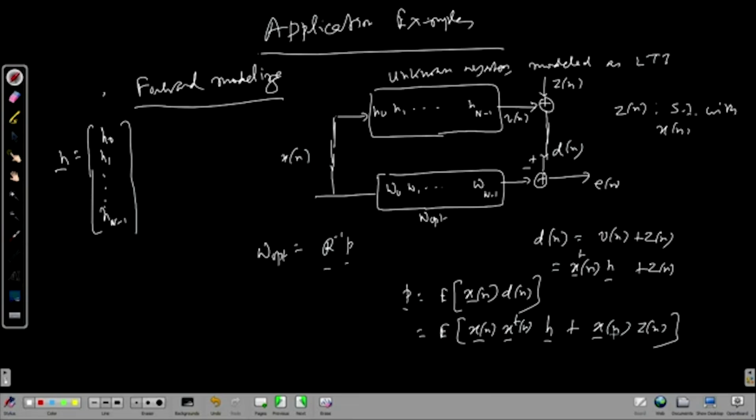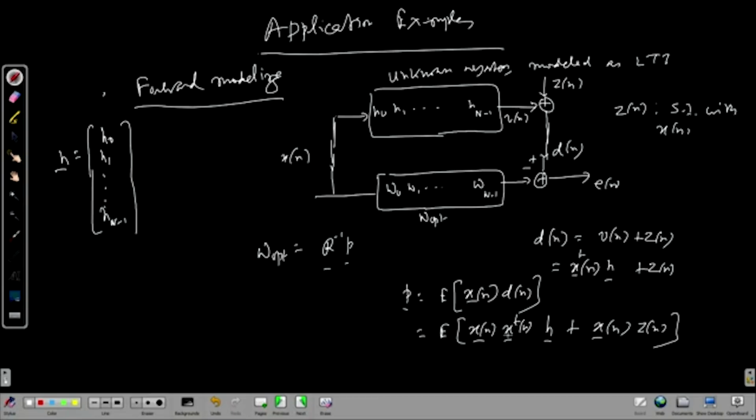Now, all the elements of Xn and elements of Zn, they are statistically independent. So, expected value of a product will be expected value of this into expected value of this, each is 0 mean. So, if you take expected value of this vector times Zn, every element after expectation will be 0, because they are statistically independent. So, E of a product of any term of Xn into Zn will be E of that Xn term into E of Zn term, and each is 0 because they are 0 mean. So, that goes to 0, and E on this part and H is not random.